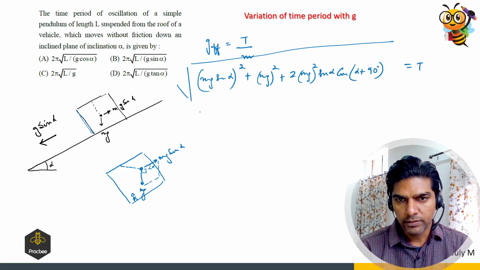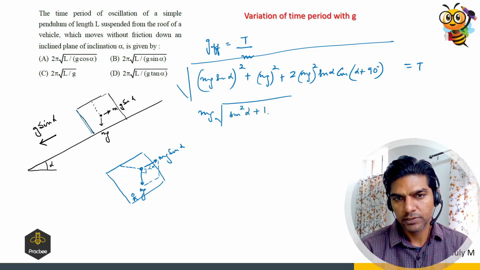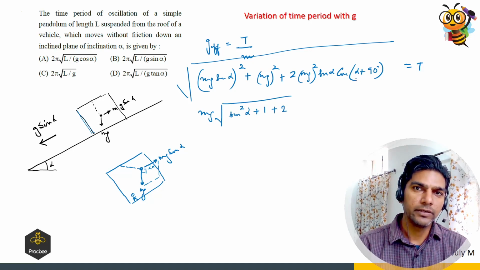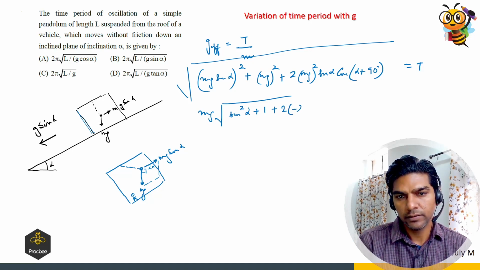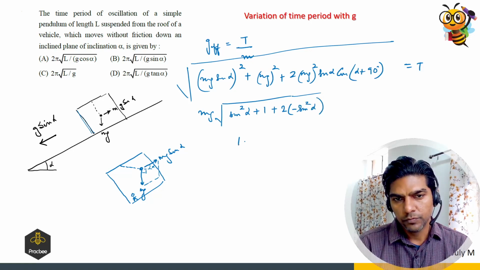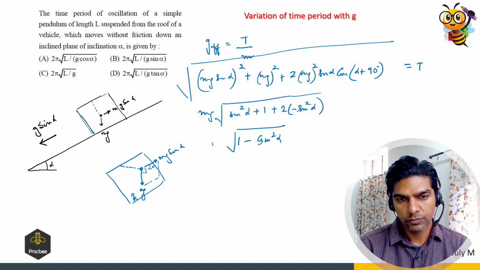Now let us simplify this. mg will come out, and then this will be sine square alpha plus 1 plus 2 times sine alpha, and cos of 90 plus alpha is minus sine alpha. So that will be 2 times minus sine square alpha. So this will become 1 minus sine square alpha, root of 1 minus sine square alpha times mg.